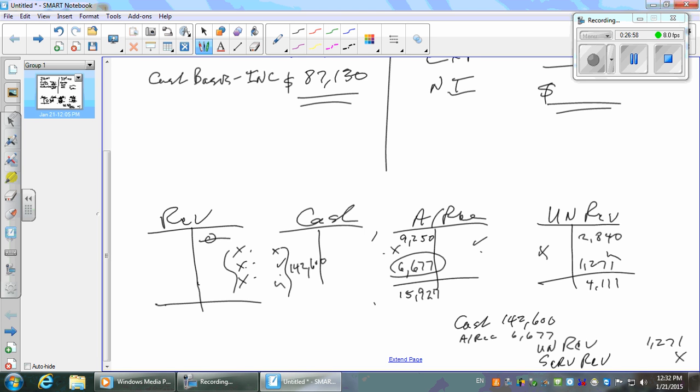On the receivables, I have more revenue than I collected. On the unearned revenue, I have less revenue than I collected in this particular situation. So what's service revenue? It's 142.6, plus 6,677, less 1,271. How much is that?